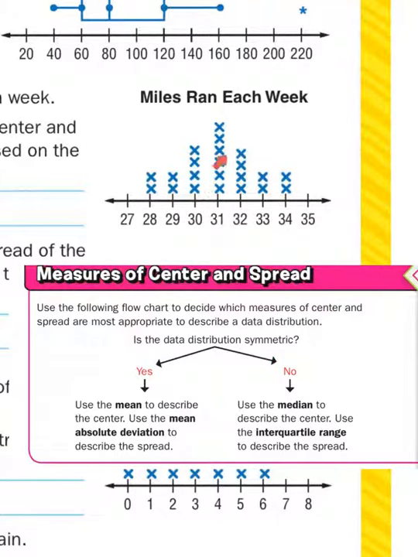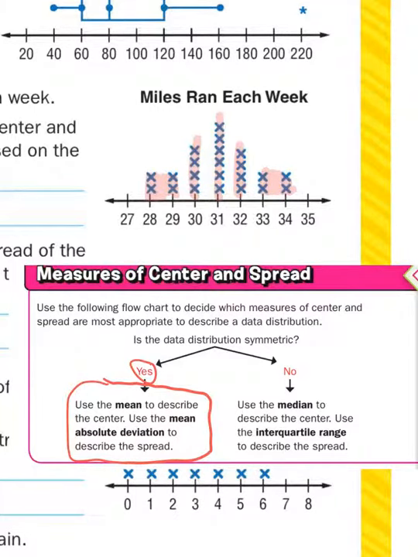So take a look at this graph and decide, is it symmetric? And I noticed that it definitely is symmetric because look, the left is the same as the right. See those four? Four here, and that group in the middle. So it is definitely symmetric. That means, since it's symmetric, we are going to use mean and mean absolute deviation to describe the spread.